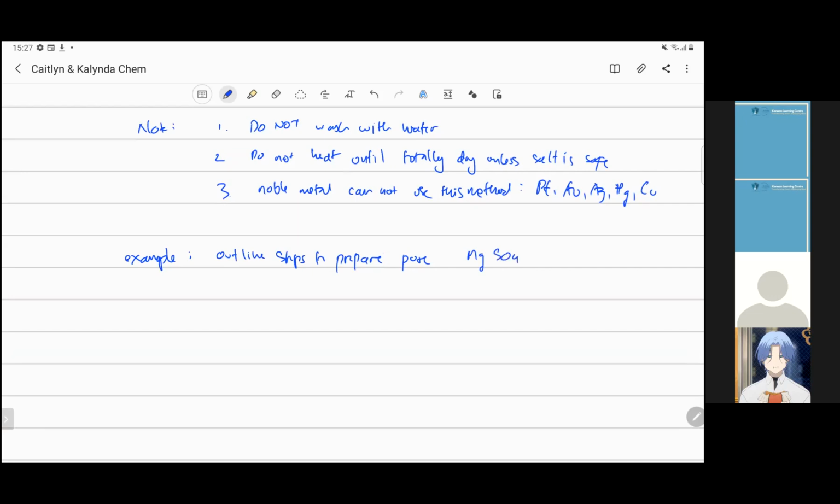Magnesium sulfate, from acid and carbonate. Example, the question may ask you, outline steps to prepare pure magnesium sulfate from acid and carbonate. Okay.